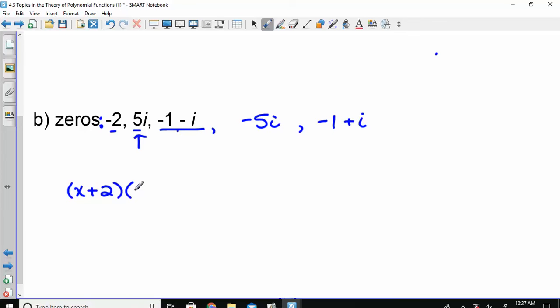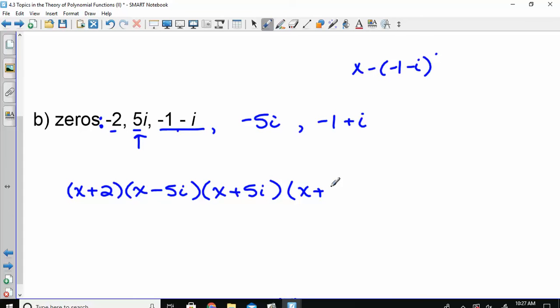So if negative 2 is a zero, what's my factor? If 5i is a zero. If negative 5i is a zero, then it's x plus 5i. Okay, negative 1 minus i: x minus negative 1 minus i. Yeah, so you would have to distribute that negative.